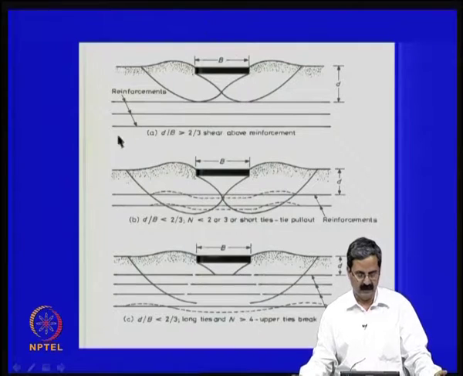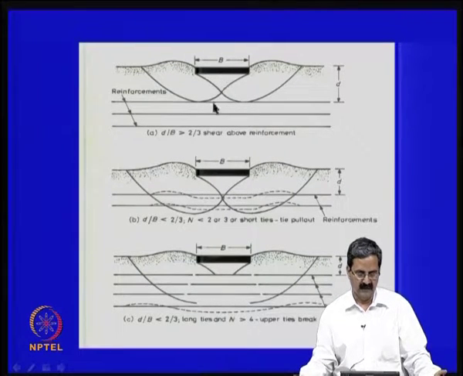Even if reinforced soil is there, you may put a nice reinforcement here, but if the depth of the reinforcement, this is the breadth of the footing, like footing is here, you have to see that this reinforcement is somewhat close to this, that the failure surfaces that we have are intersected, otherwise there is no use.